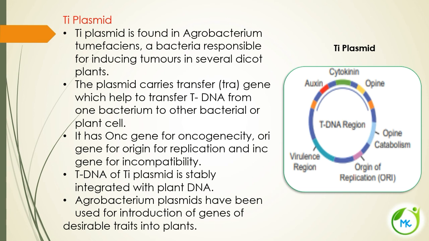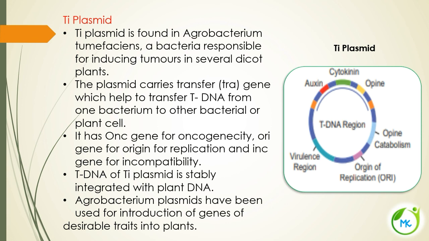This T-DNA of Ti plasmid is stably integrated with the plant DNA. So we can use this Ti plasmid, we can remove that gene that is responsible for introducing the tumor. We can remove that gene alone, and in that place we can insert our gene of interest.